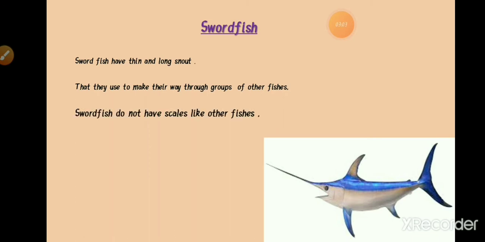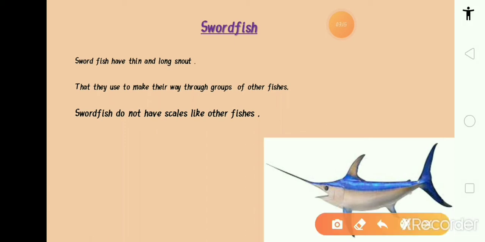Okay, so swordfish do not have scales like other fishes. Scales means small plates. As you can see, most of the fishes have these plates on their bodies, and when you draw a fish, you also draw these scales, but swordfish has no scales, isn't it?